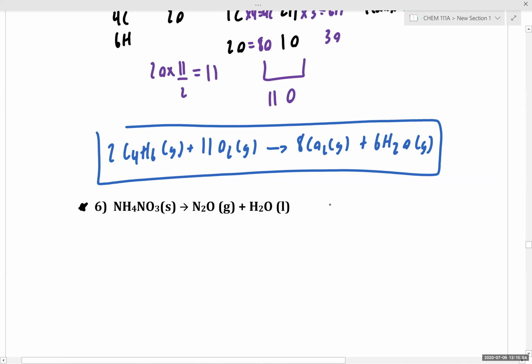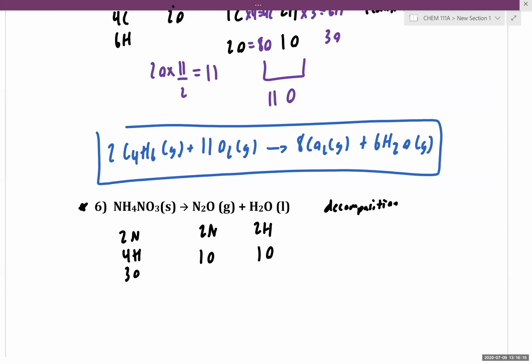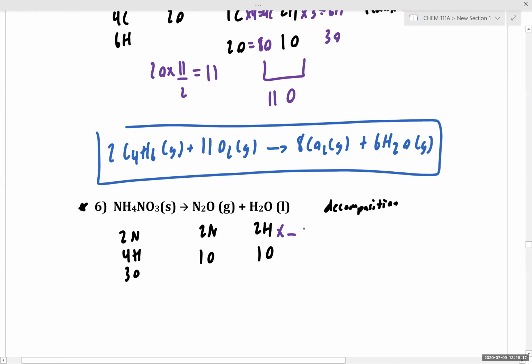So this is in fact a decomposition reaction, as we're going from one compound to 2 or more compounds. We have 2 nitrogens, 4 hydrogens, and 3 oxygens on the left. We have 2 nitrogens and 1 oxygen, as well as 2 hydrogens and 1 oxygen on the right. So to balance hydrogen, 2 times what would give us 4 hydrogens?